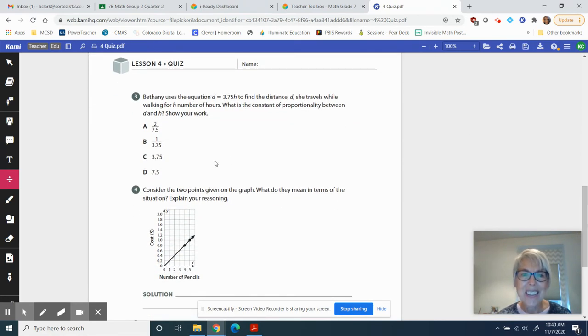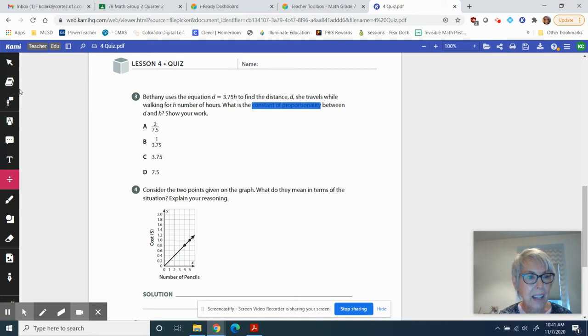All right, this question is pretty straightforward and you made it much harder than it actually is. Bethany uses the equation D equals 3.75h to find the distance, D, she travels while walking for h number of hours. It's asking us what is the constant of proportionality between D and h.